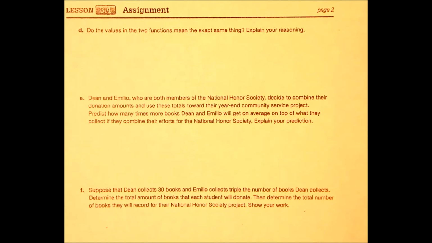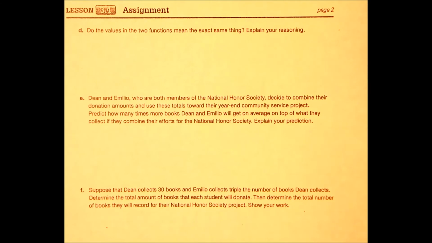Okay. Now, X does stand for books in both of them, but the X in the first function is the number of books Dean collects, whereas the X in the second function is the number of books Emilio collects.